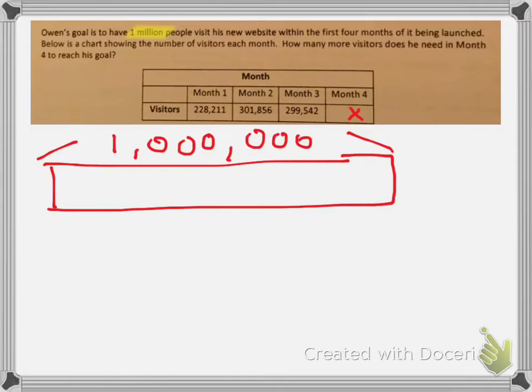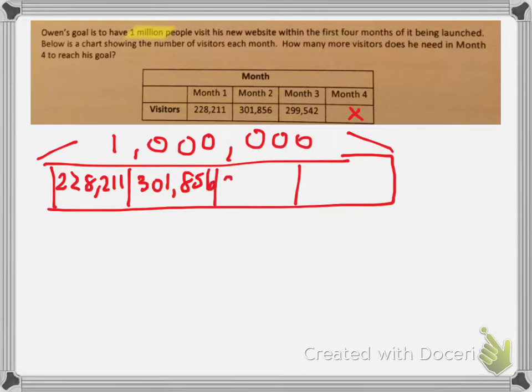Our tape diagram is going to look a lot like this table up here. We're going to have 4 boxes. Month 1 is 228,211. Month 2 is 301,856.